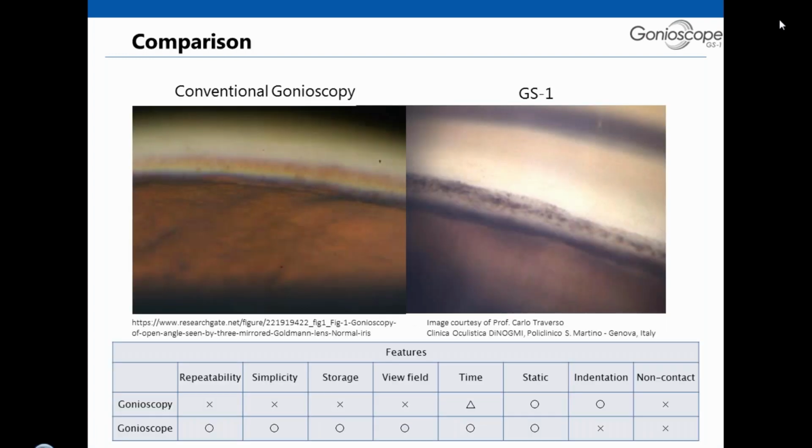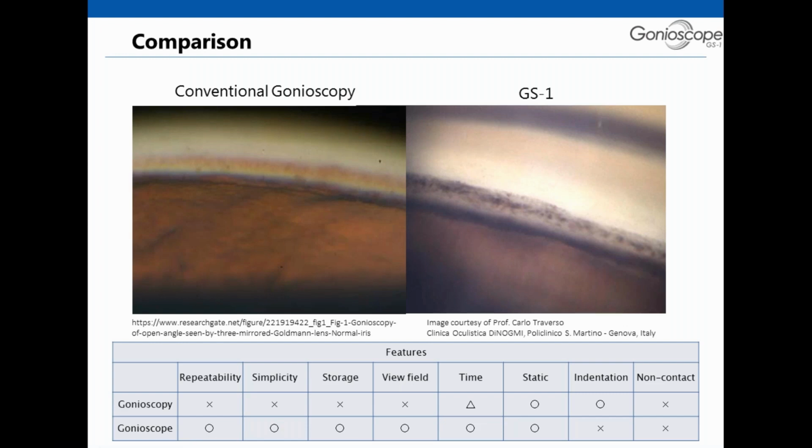Here's a comparison of conventional gonioscopy and the gonioscope. Please note that these two images are not of the same patient's eye. We are collecting data right now. On the bottom of the features table, because the Nidek Gonioscope is automated gonioscopy, it has good repeatability and simplicity.